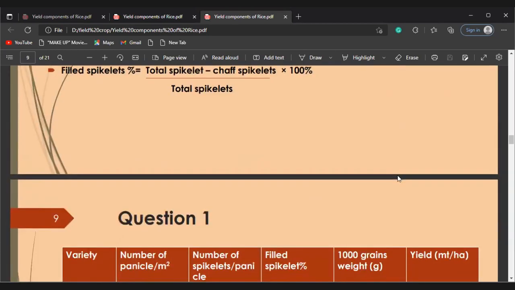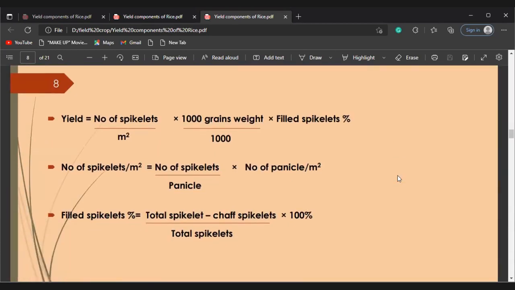Then, these are the three equations you have to memorize considering the yield. First one, yield equals the number of spikelets per unit area, which means per square meter. For 1 square meter, how many spikelets? That is multiplied by 1000 grain weight, and then by filled spikelet percentage.